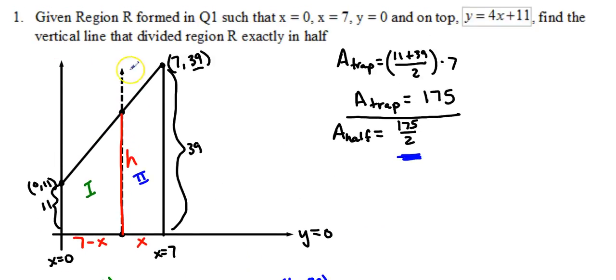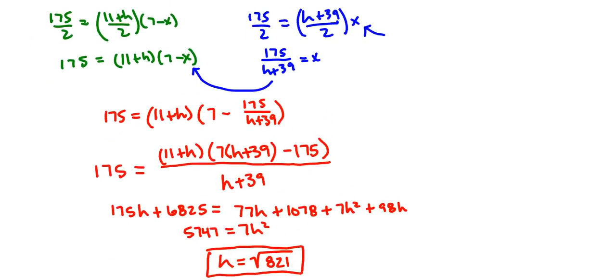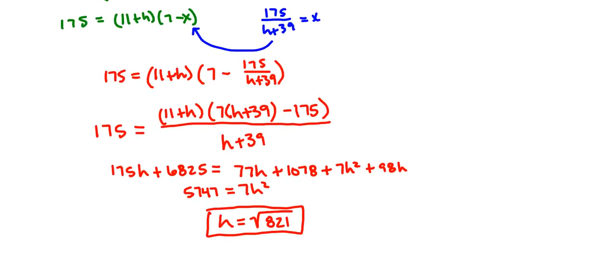If we go back up to the original problem, what we want is the equation of the vertical line. So that's going to look like x equals. So what we need to do is take this value for h and plug it in up to one of our equations up here. This equation looks a little bit easier to work with, so I can figure out x by plugging that value back in.